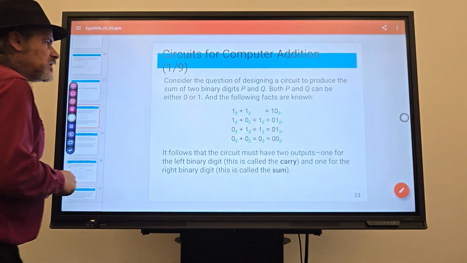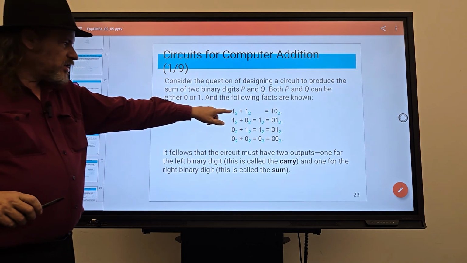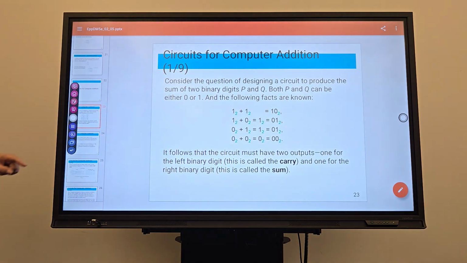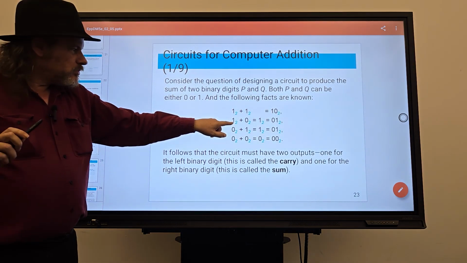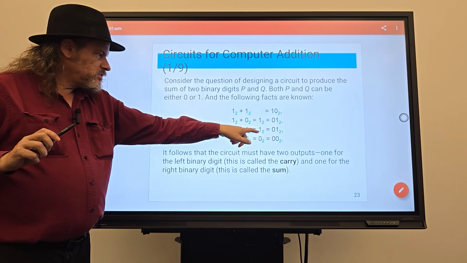Okay. Consider the question of designing a circuit to produce the sum of 2 binary digits P and Q. Both P and Q can be either 0 or 1. The following facts are known. 1 plus 1 is 10. Argue that with your 5th grade teacher. 1 plus 0 is 1. 0 plus 1 is 1.